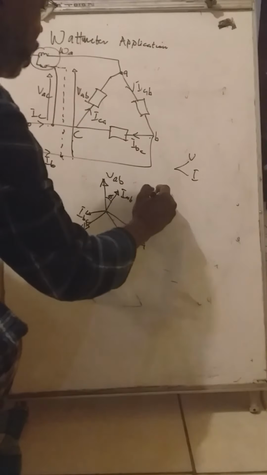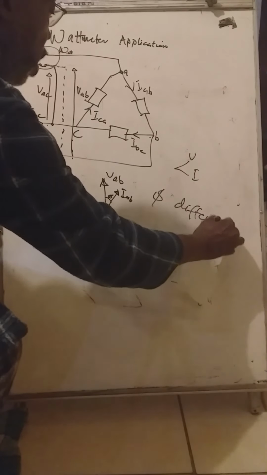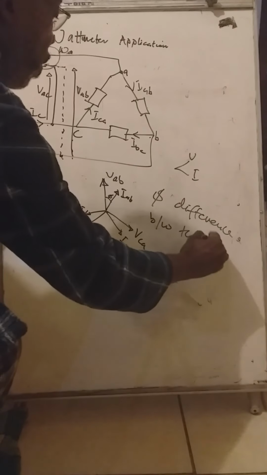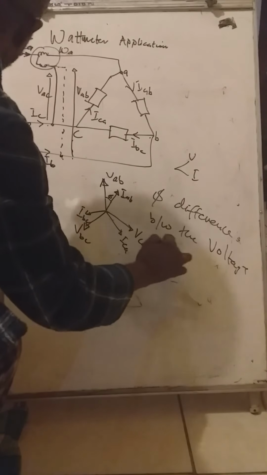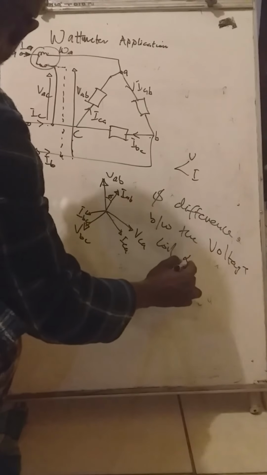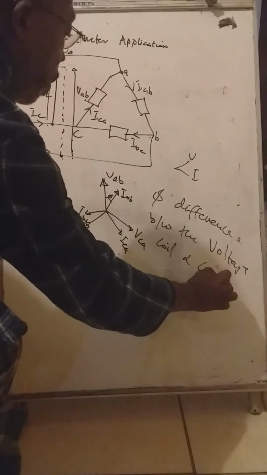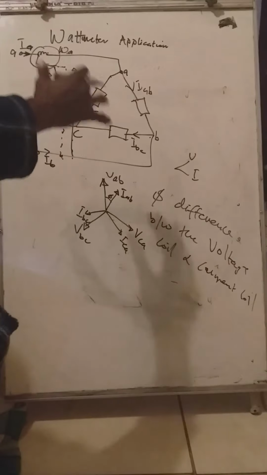The phase difference between the voltage coil and the current coil, that is where the current is flowing through.